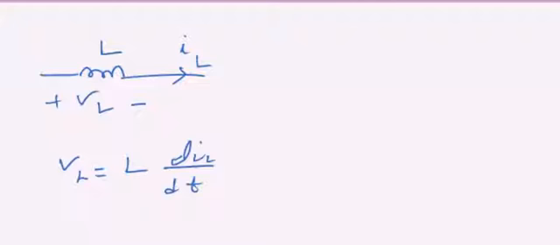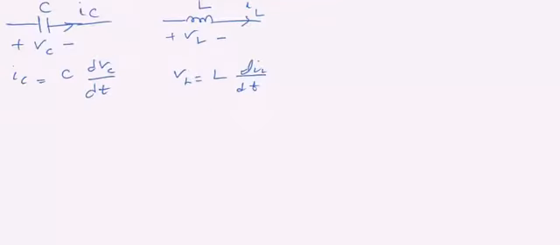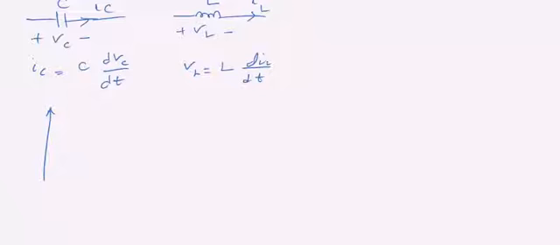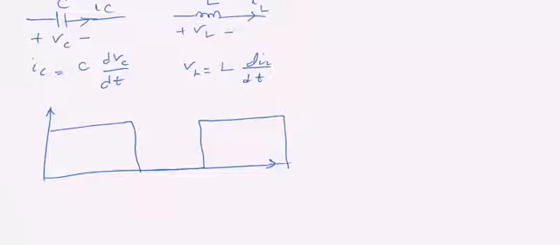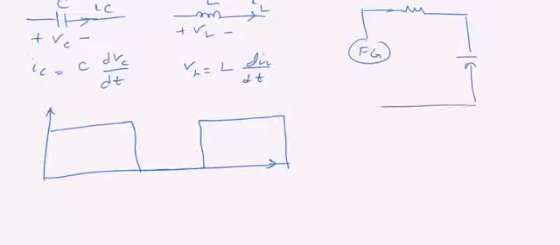Based on this, in this experiment, we're going to have square wave inputs. So for the function generator, we set it to square wave, and we are going to have an RC circuit.